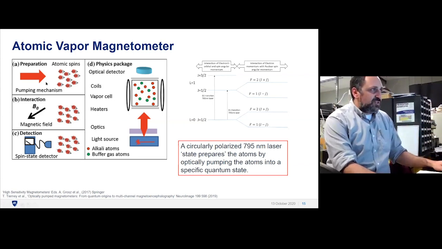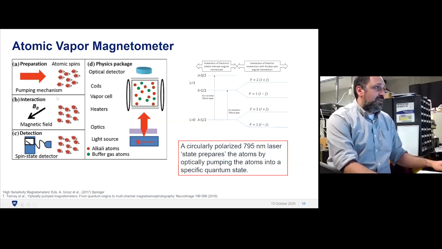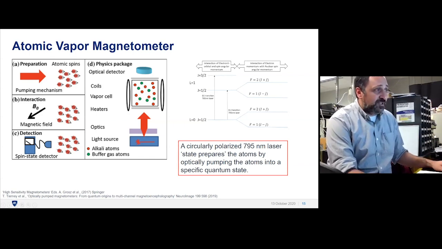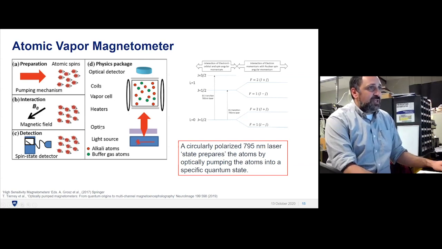Whereas in this system, we're making an alignment with light. There's some interaction with the magnetic field which perturbs that alignment. That perturbation is measured by this detector because it changes how much light is received by the detector.